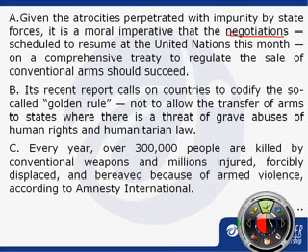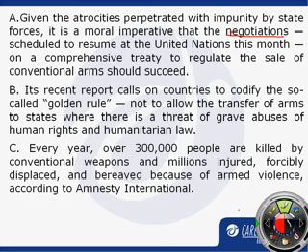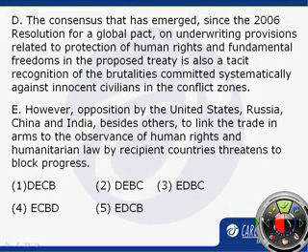Now you see that there is a mention of negotiations in sentence A. Now if we go to sentence E, however, opposition by the United States, Russia, China, and India, besides others, to link the trade in arms to the observance of human rights and humanitarian law by recipient countries threatens to block progress. Okay, now what is this progress being talked about?